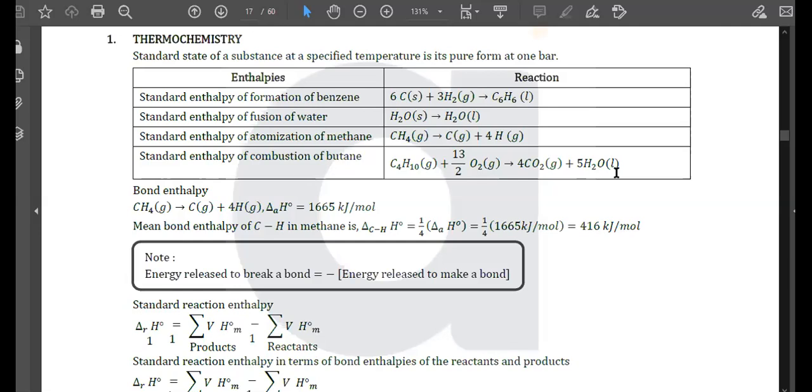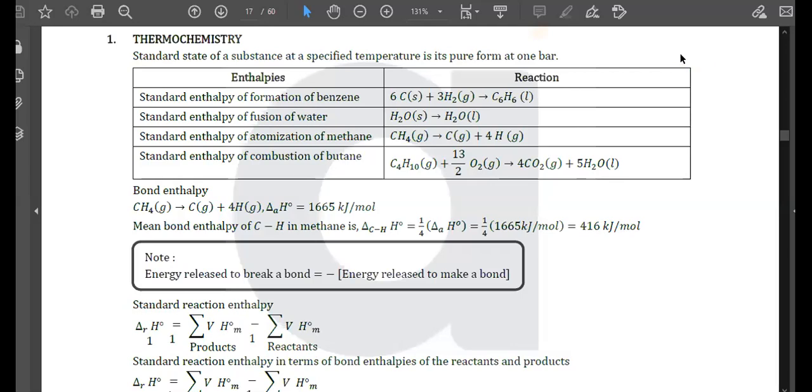Tell me, for bond enthalpy, will it be enthalpy of product minus enthalpy of reactant, or enthalpy of reactant minus enthalpy of product? Yes, it is reactant minus product. That's what we studied in the last class.